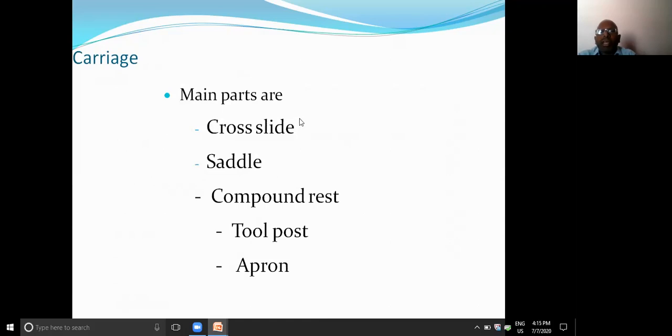Or simply we can say the combination of cross slide, saddle and compound rest is called the carriage. Whereas this compound rest, once again, carries a separate set: one is the tool post and the second one is the apron.